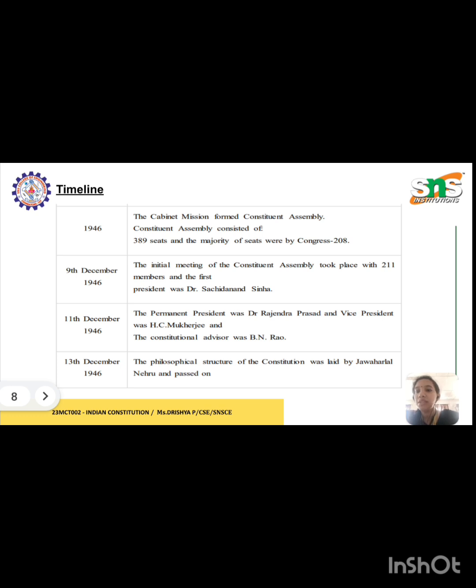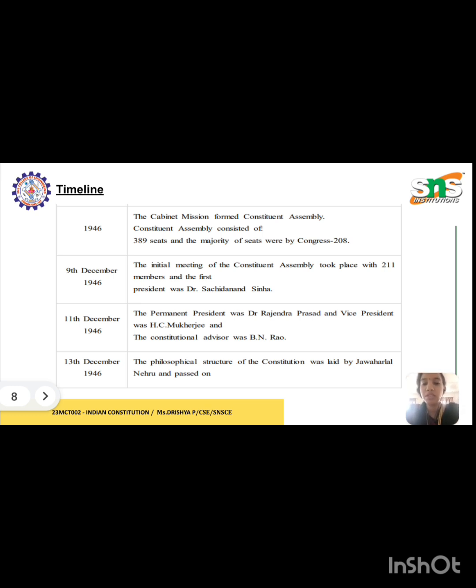Then on 11th December, after 2 days, in the same year 1946, the permanent president was Dr. Rajendra Prasad. Everyone knows who the first Indian president was, Dr. Rajendra Prasad, and the vice president was H.C. Mukherjee, and the constitutional advisor was B.N. Rao.